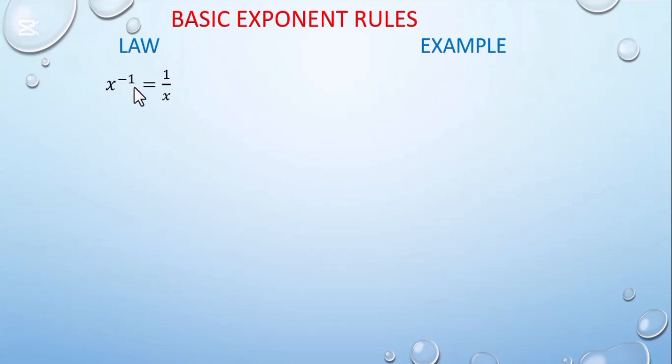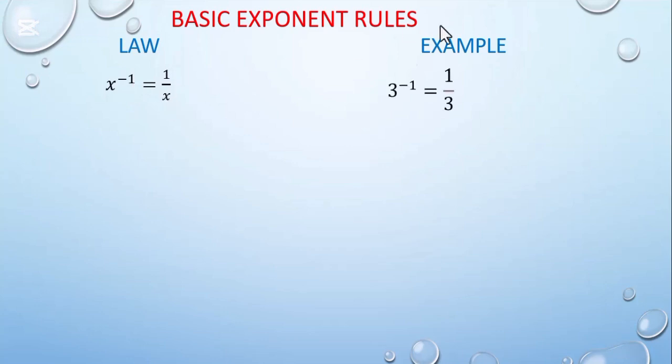This one here, so it means x to the power of 1. The reason why I have 1 over x is because of this negative. Because x is carrying this as a power, and x to the power of 1 is x, that's why we are not seeing anything there.